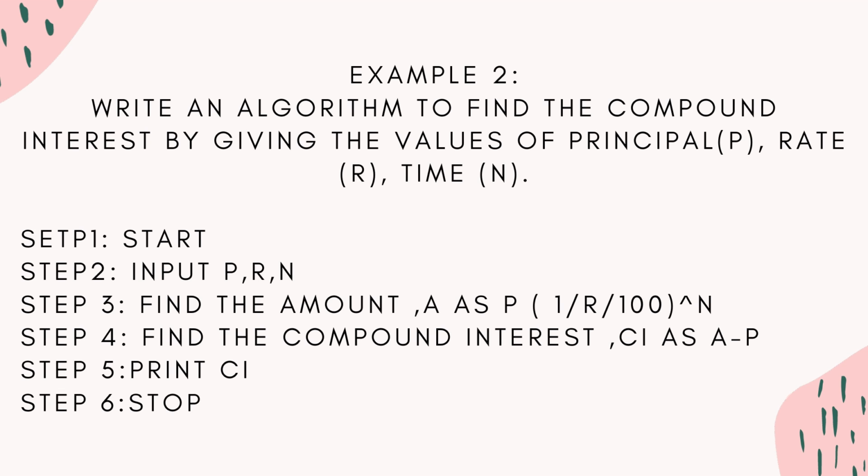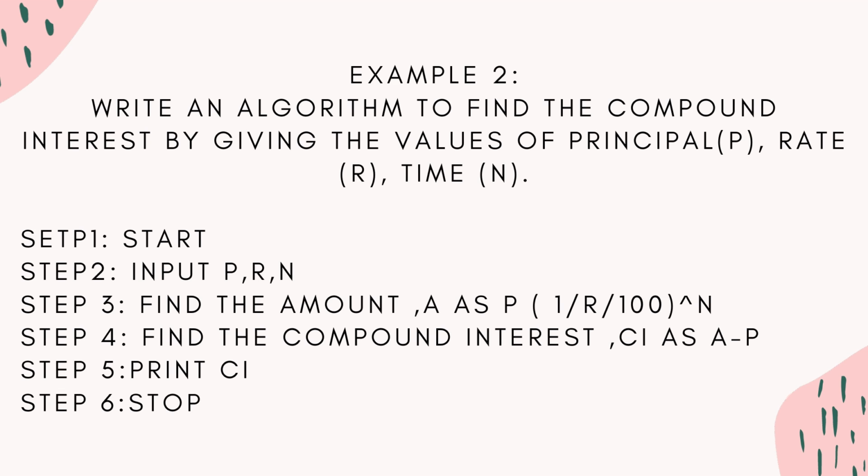The compound interest formula is A equals P into 1 plus R divided by 100, to the power of N. Then we find the compound interest CI as A minus P. Please make a note: the compound interest formula is P into 1 plus R by 100, to the power of n.